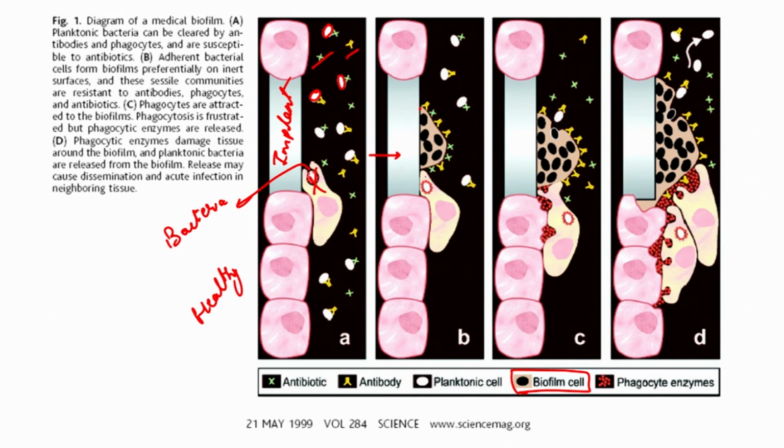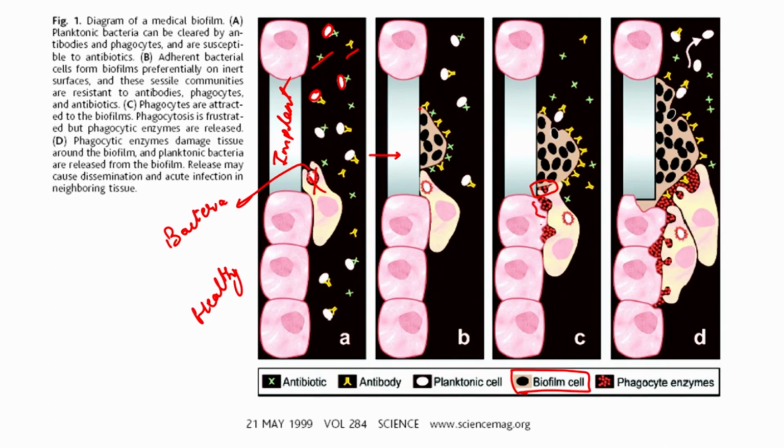So, at that point all it can do is secrete some molecules that are antibacterial, but again because of the slimy biofilm layer, even these molecules have a hard time diffusing into the biofilm. So, all that ends up doing is actually degrading your healthy tissue.